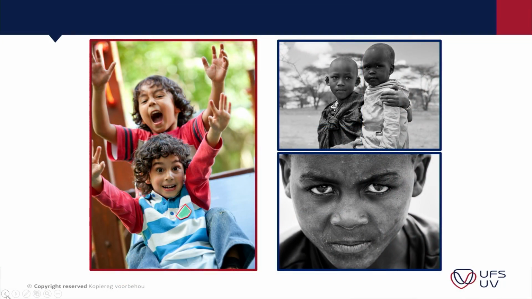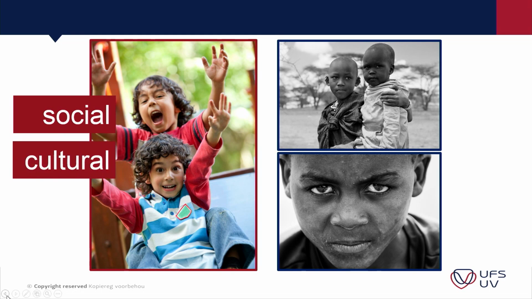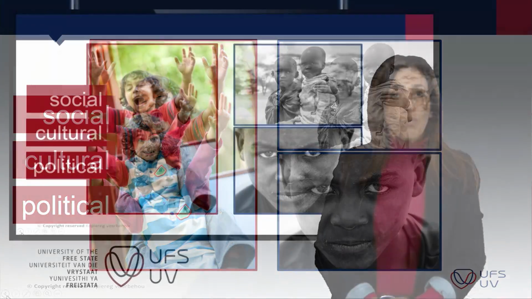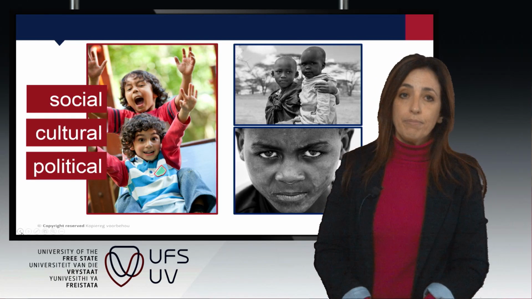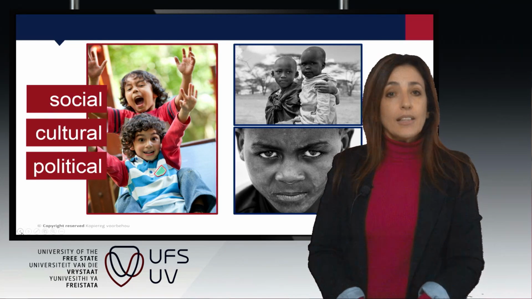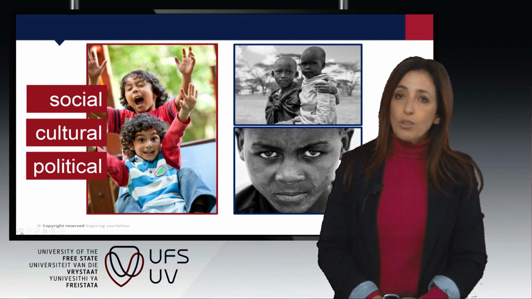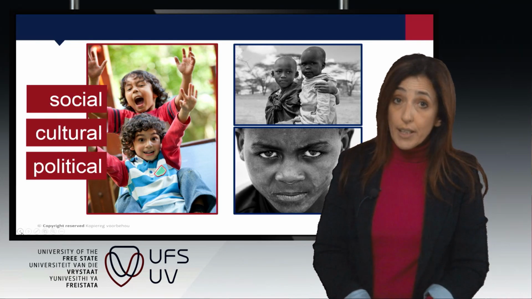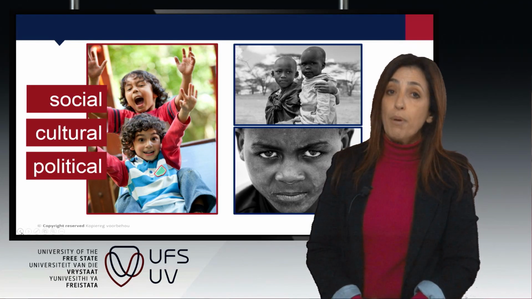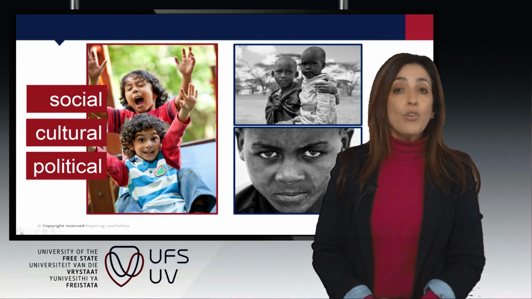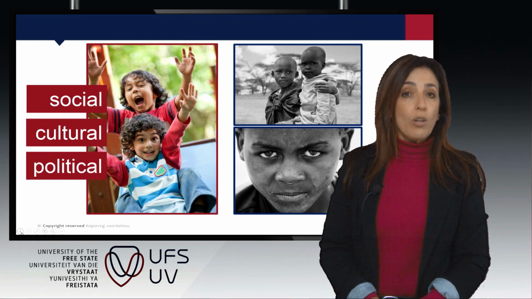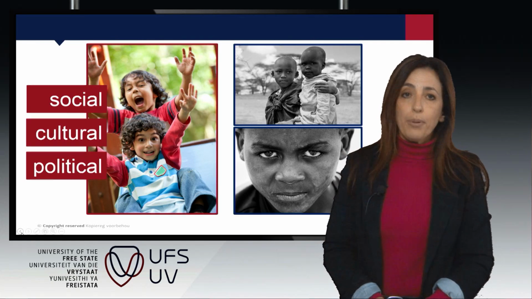The ecological model emphasizes that child development is social, cultural, and political. It is not possible to judge that one way of raising children is inherently better than another. In contrast, some policy documents about early childhood development, notably in the USA and written by the World Bank, assume that all children develop in the same way, irrespective of their gender or the culture and context in which they grow up.